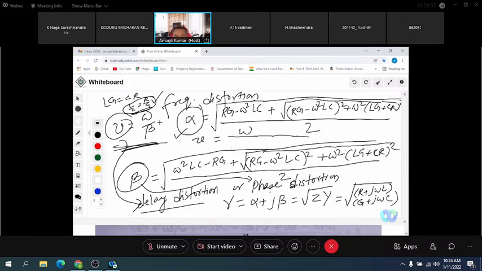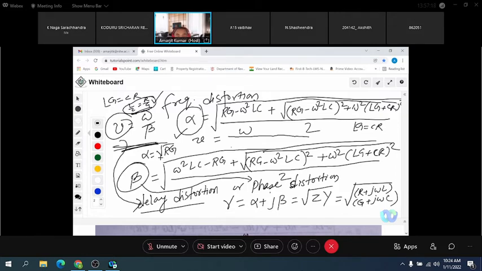In the expression for alpha, you put Lg is equal to CR, and what are you getting? Alpha equals root RG. Alpha is equal to under root Rg. Correct. It is not a function of frequency, you can see.